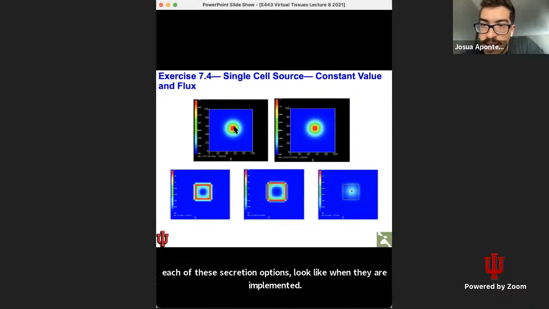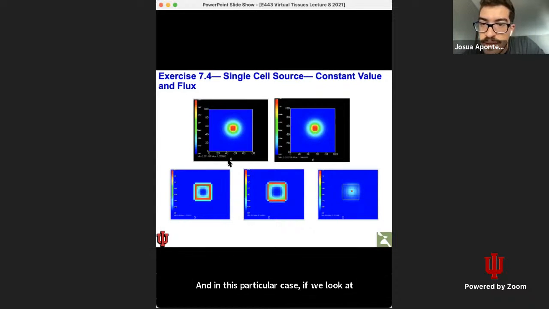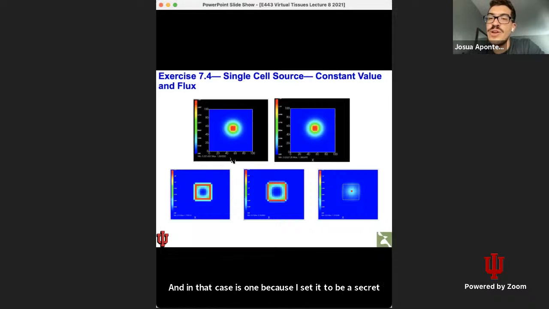And in this particular case, if we look at this screenshot here, you guys can see that the maximum of the field is 1. And in that case, it's 1 because I set it to be a secretion at constant concentration.